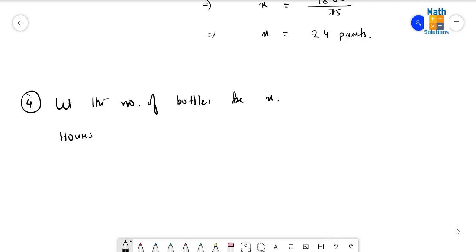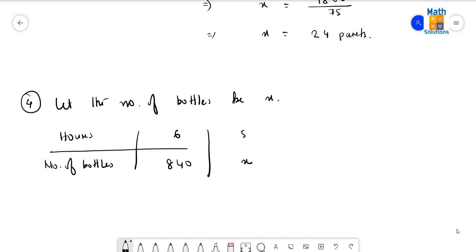Hours is given to be 6 hours first, then 5 hours. Number of bottles: in the first case, for 6 hours the number of bottles prepared is 840. In the second case it is x, which we don't know. So we are going to find out the value of x.